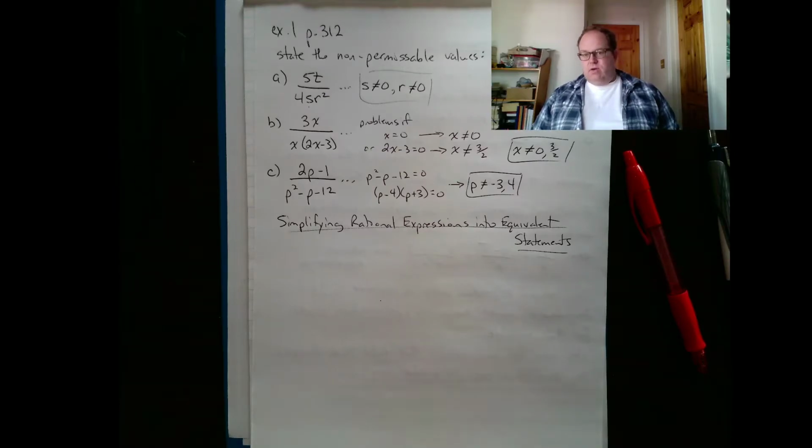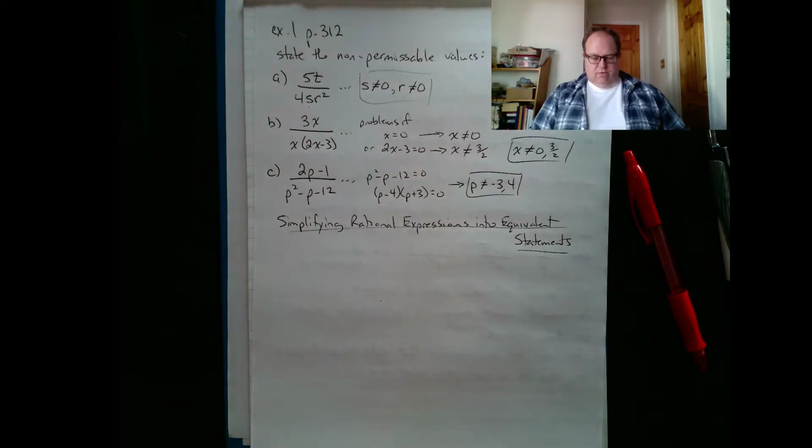And equivalent statements and equal statements are fairly close to the same sort of thing to say. It kind of helps to think about equivalent fractions. For instance, 1/2 and 2/4 are equivalent fractions. They are in fact equal to each other. So this is what we do when we simplify rational expressions. We make it a simpler form that is still equivalent, that has the same value.